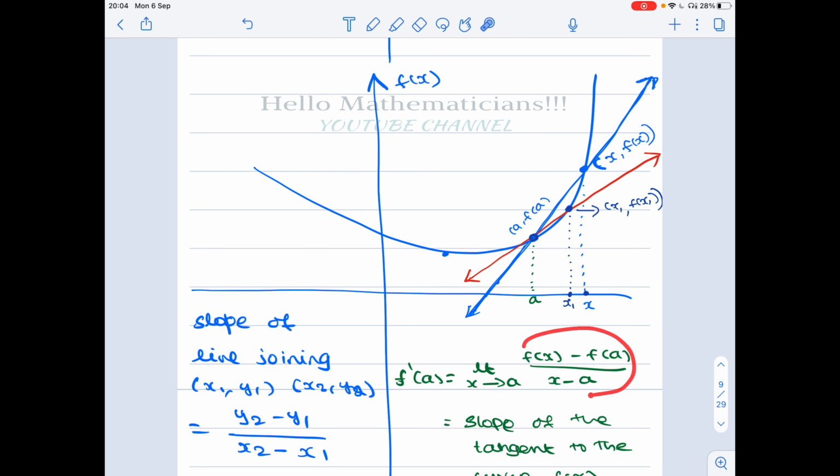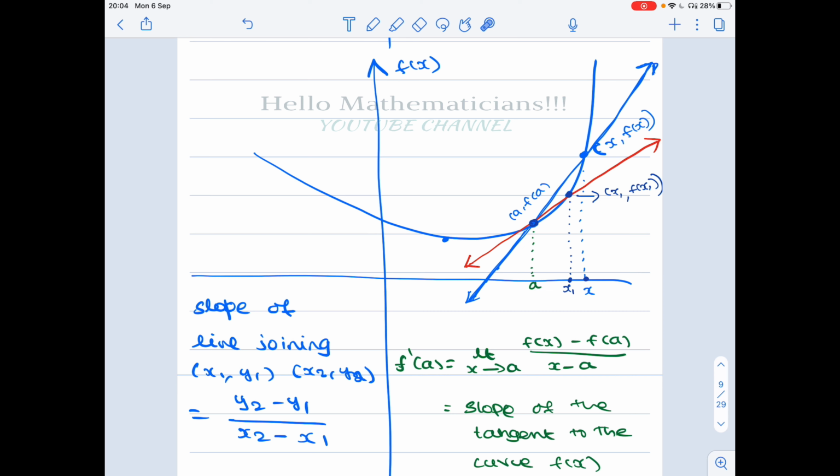Each of them represents the slope of a line, and as x tends to a, these lines go to the tangent line. Therefore, this quantity is equal to the slope of the tangent to the function f at the point a. So this is the geometric interpretation of the derivative of f at a point.